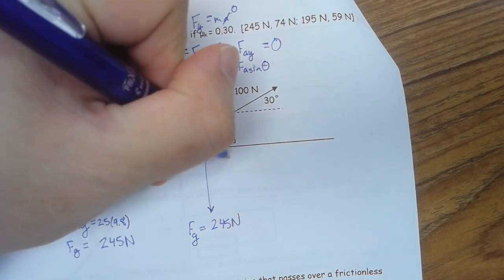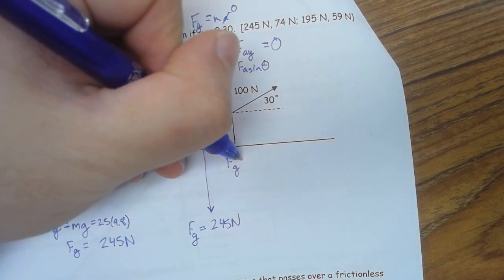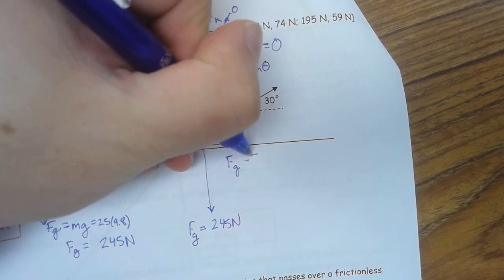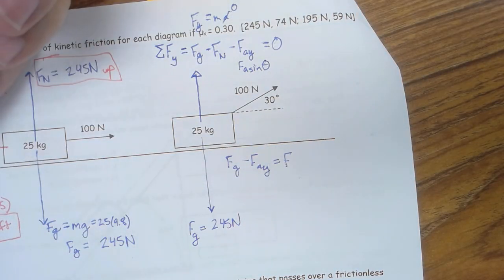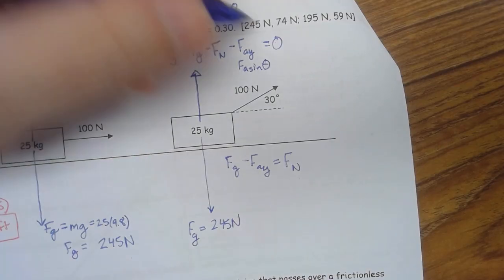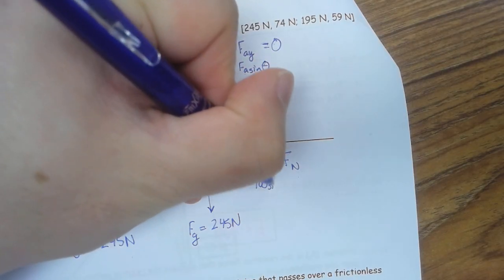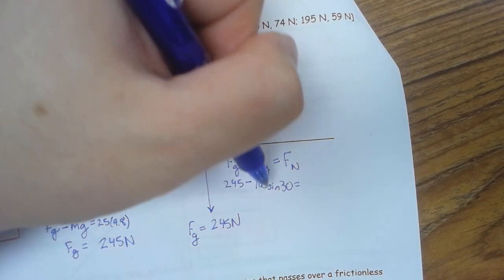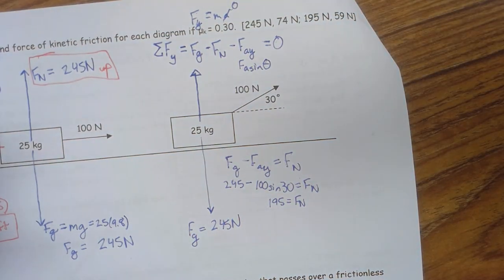If I rearrange it, we can say 0 equals, so Fg, we're looking for normal force, minus Fa in the y direction equals force normal. All right. 245 minus 100 sine 30. That's 50. So 245 minus 50 is 195. So our normal force is 195.